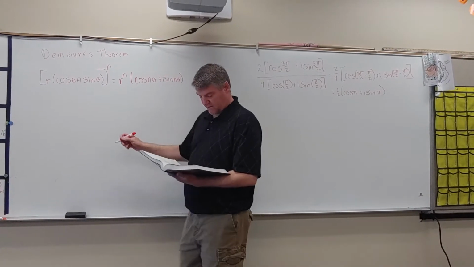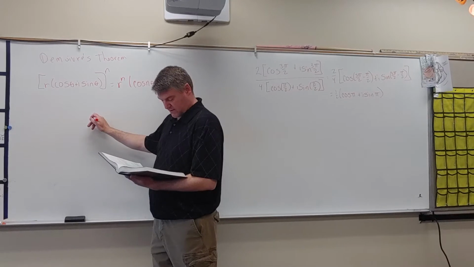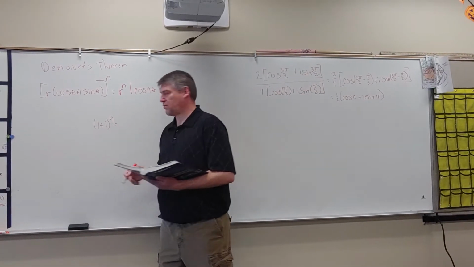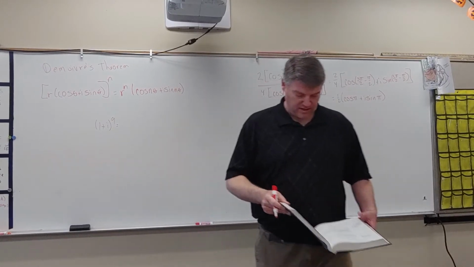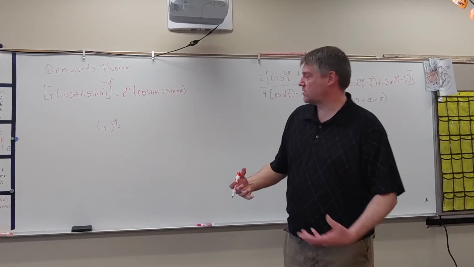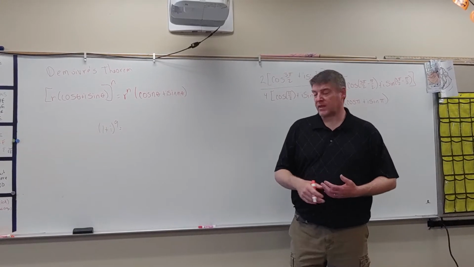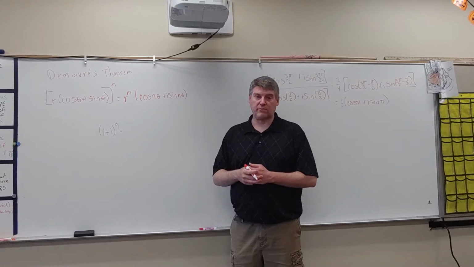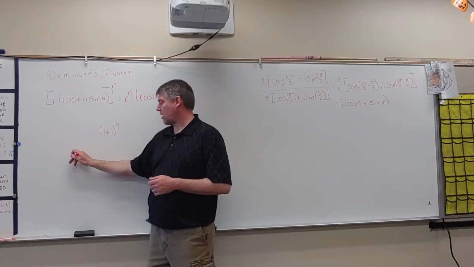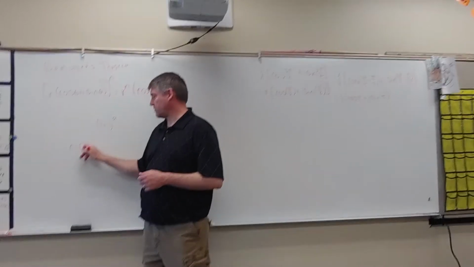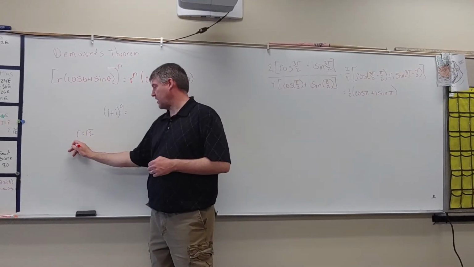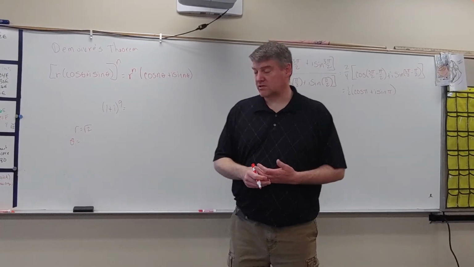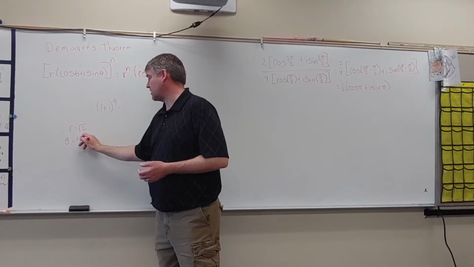So if I have, let's say, 1 plus i to the 9th. Well, the problem with this is this isn't in complex form. So what we want to do is put this in complex form. Now, this is an example that we did earlier in the lesson. If you remember, we found r was equal to the square root of 2, and we found theta was equal to, we'll use degrees, 45 degrees.